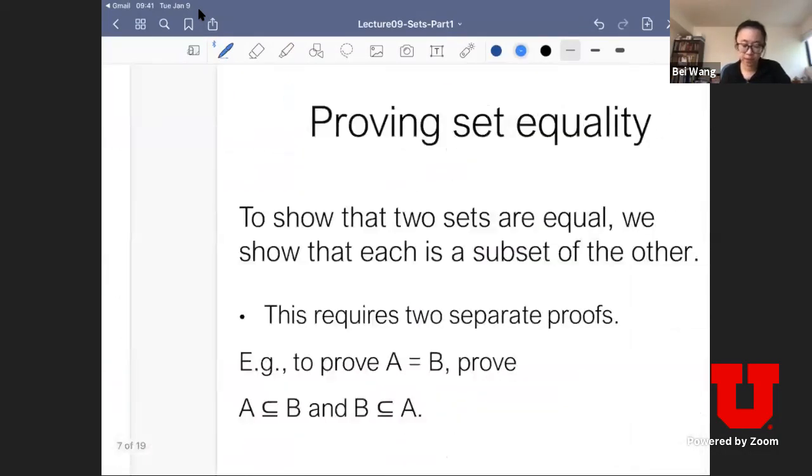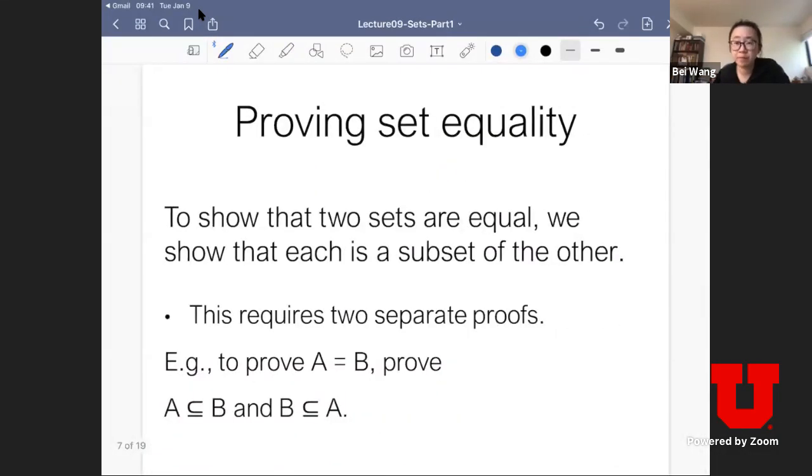All right. The next type of proof you're going to see for sets is proving set equality. Essentially, when I want to prove two sets, A equal to B, what you want to prove is A is a subset of B and B is a subset of A. In other words, those two statements are logically equivalent.